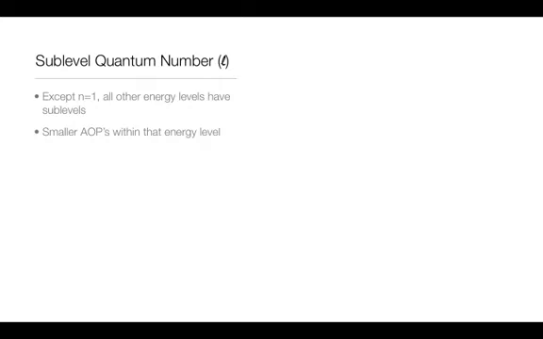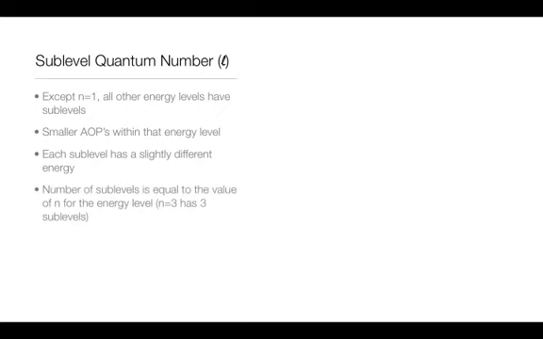Again, throughout this, we're talking about areas of probability. Each different sublevel has a different shape or structure, and they also have a certain amount of energy associated with them. So not all sublevels within an energy level have the same energy, but they will have similar energies associated with them.